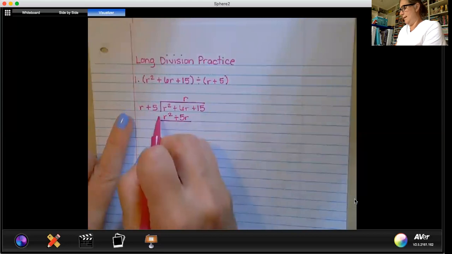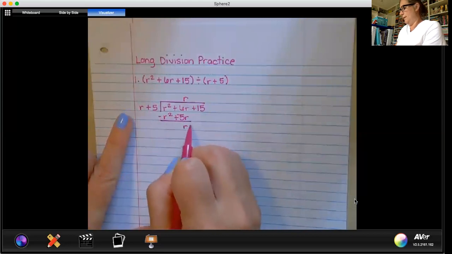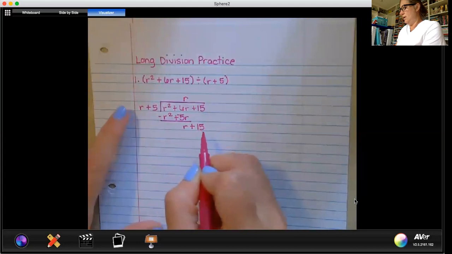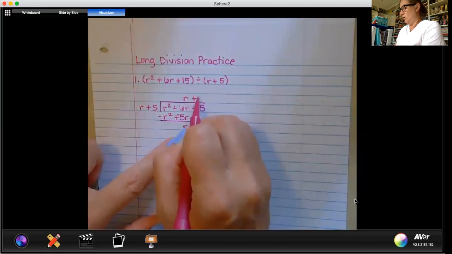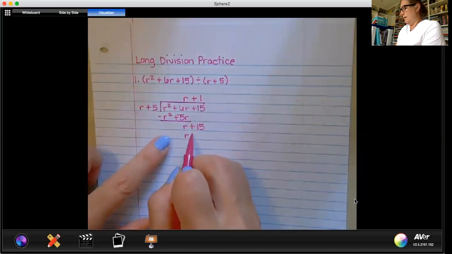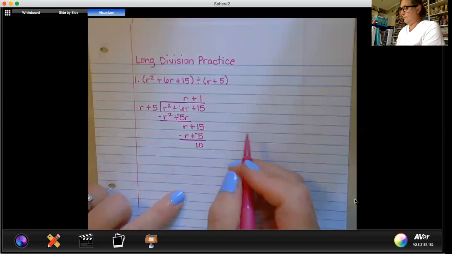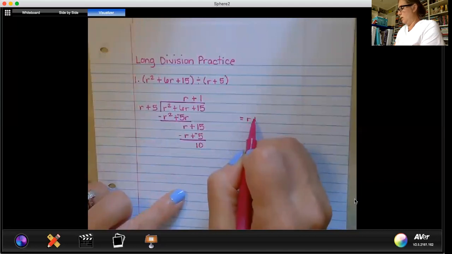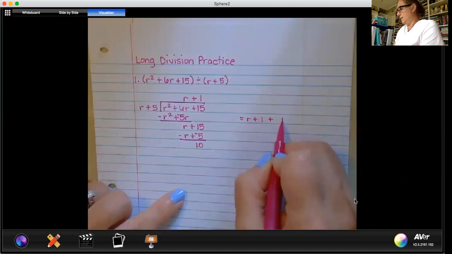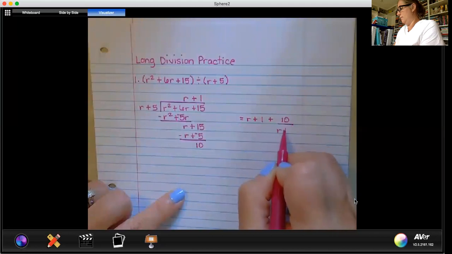Draw your line and subtract. Bring down the 15. R goes into R one time. Go ahead and multiply and subtract, and your remainder is 10. Answer, R plus 1 plus 10 over R plus 5.